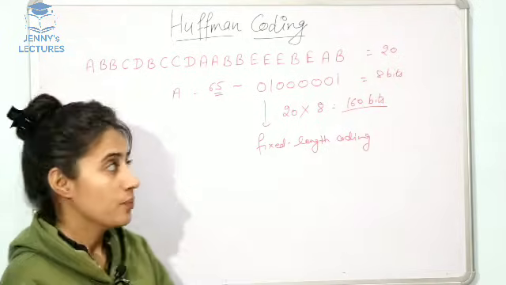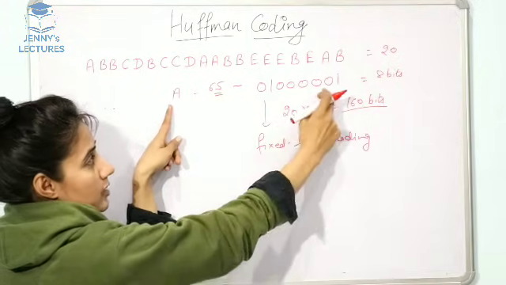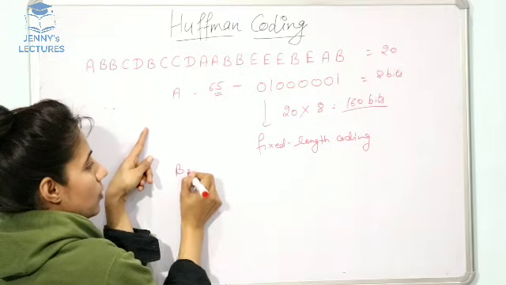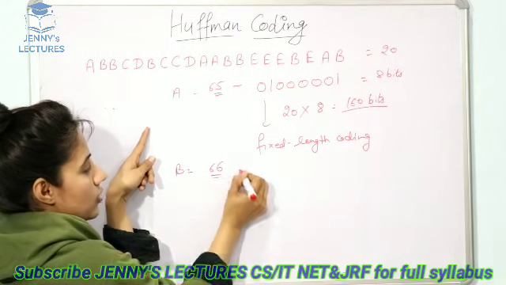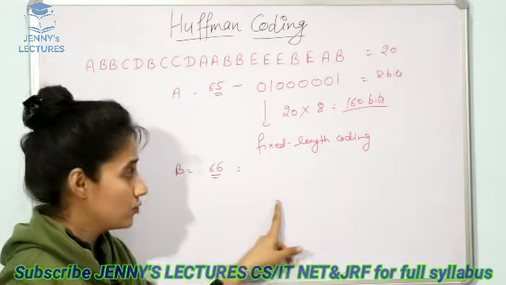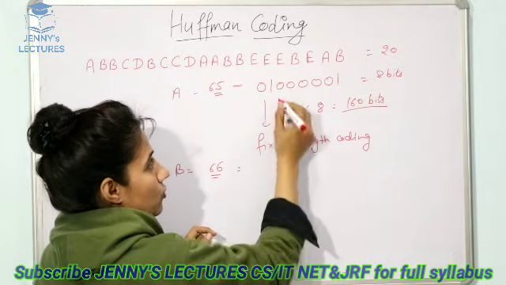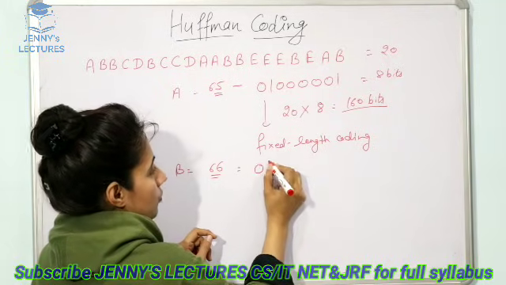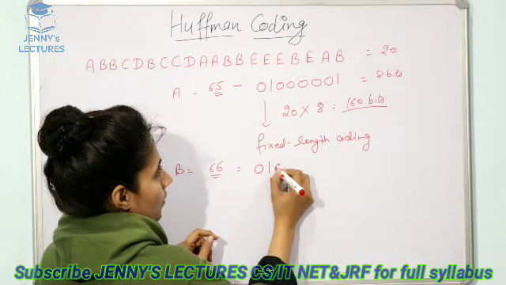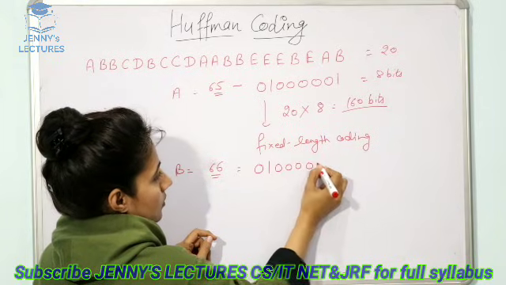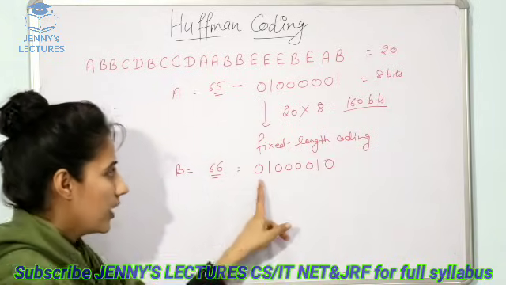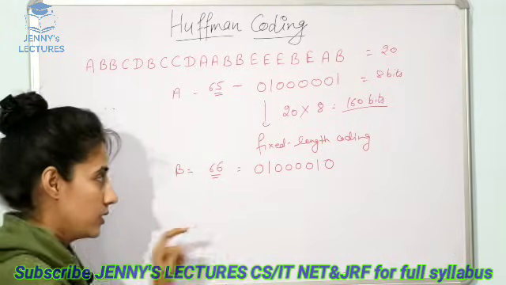A is represented by this one. B's ASCII code is 66, and 66 would be converted into binary form, something like that. This is the binary code for 66.